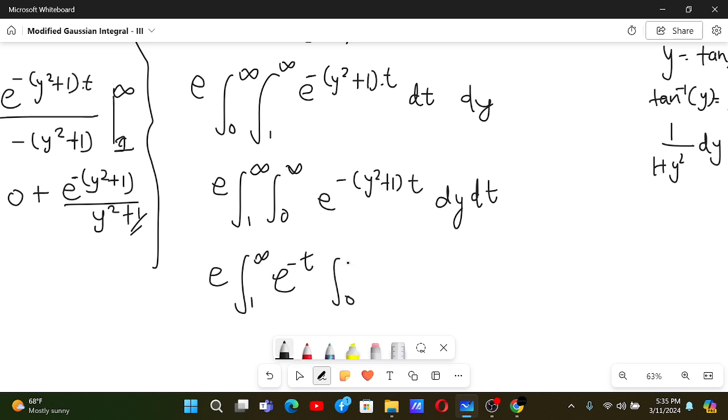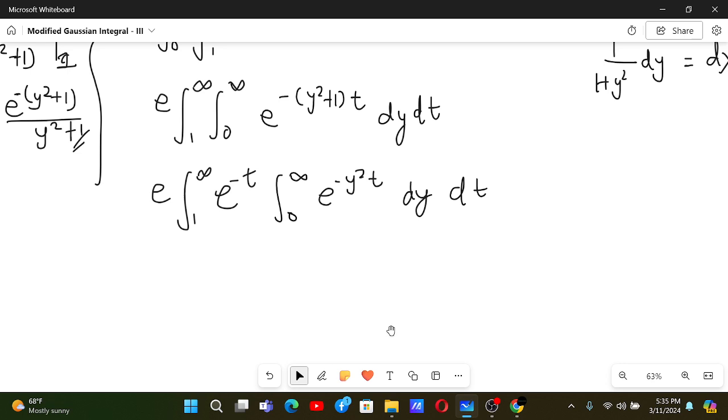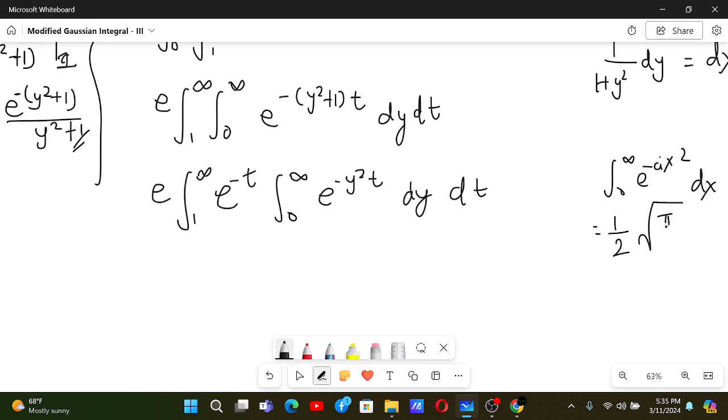Over here we just have e to the power minus y square t dy dt. Now this is again a Gaussian integral, and we know that the integral from 0 to infinity of e to the power minus ax square equals 1 by 2 of root pi by a. So let's use that.